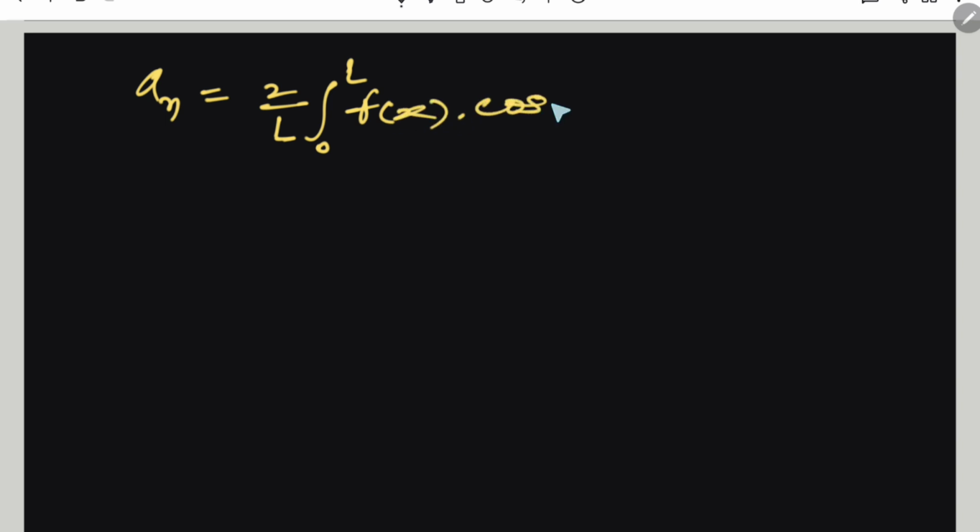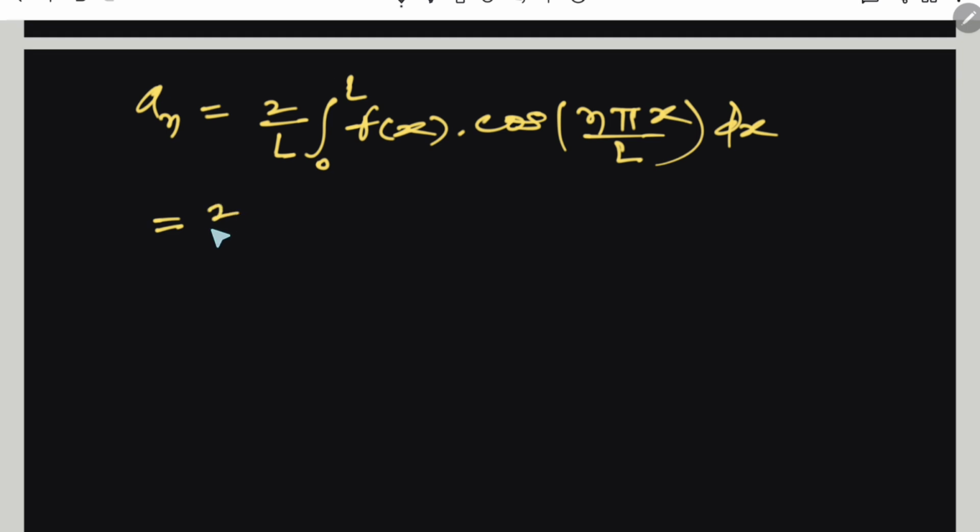Then we obtain the value of an. Formula is 2 by L, integration from 0 to L, f of x multiplied by cos of n pi x divided by L, and its integration with respect to x.